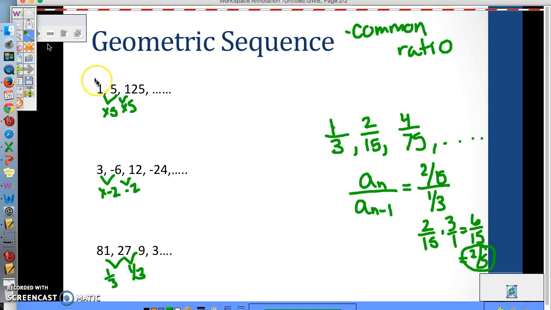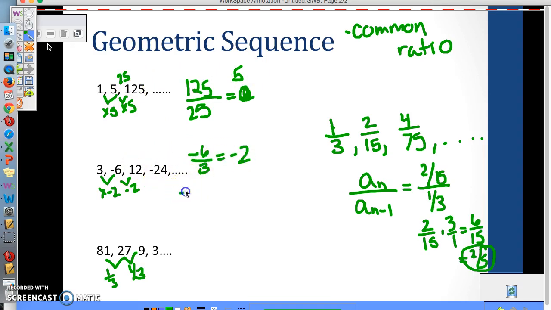It's a little easier on these to say, we take any term, so 125, and divide it by 25. Actually, this one I think is supposed to have a 25 in there, and we get 125 divided by 25, and we end up with 5. Sorry about that. You're seeing these mistakes. This one we could take -6 divided by 3, and we get -2.